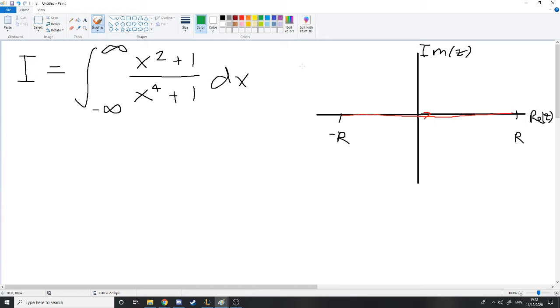But to use our integral theorems, we're actually going to consider the integral over another path and add the paths together. This is meant to be a semicircle. We're going to add this path, call it gamma r, and it's a semicircle of radius r, something like this.